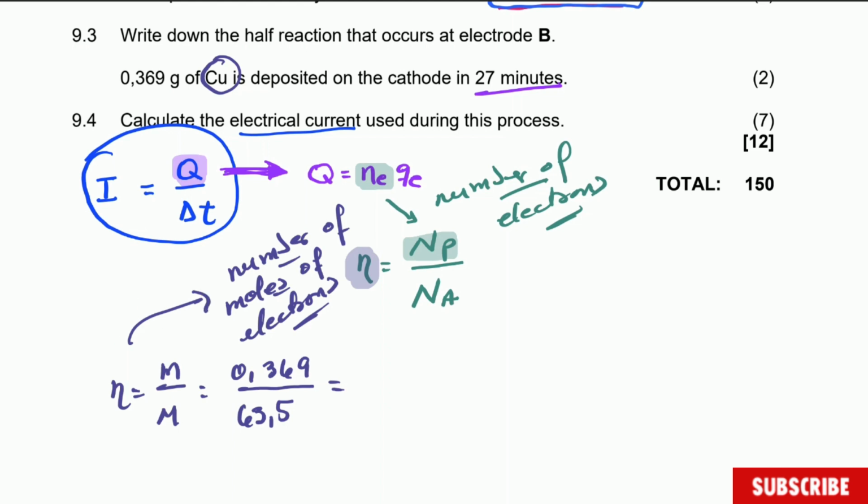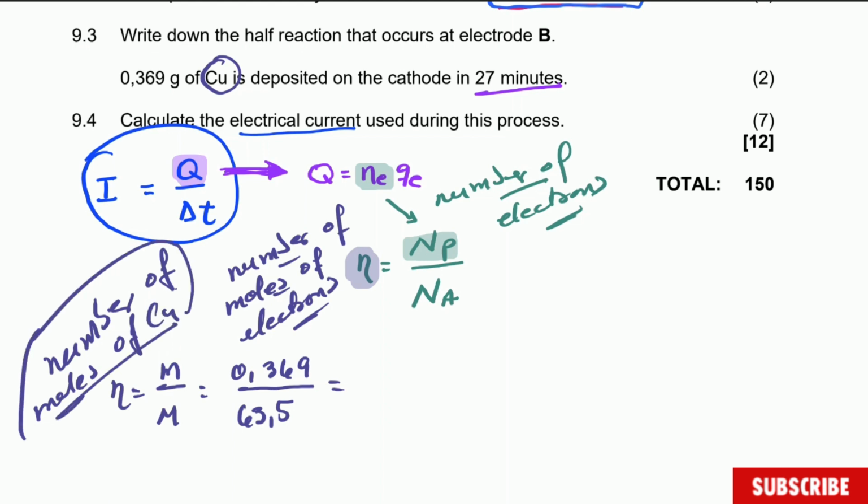This is not the number of moles of electrons. This is the number of moles of copper. Let's write Cu. I'll show you just now where we are going.